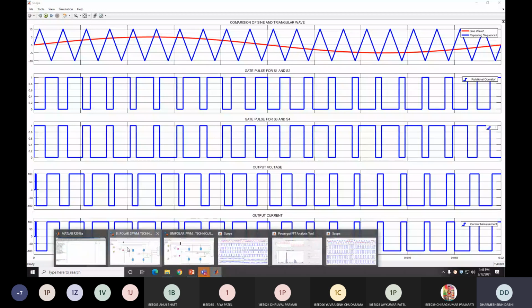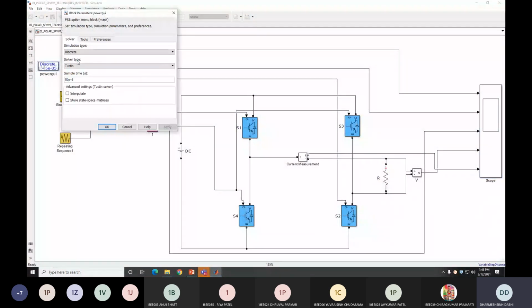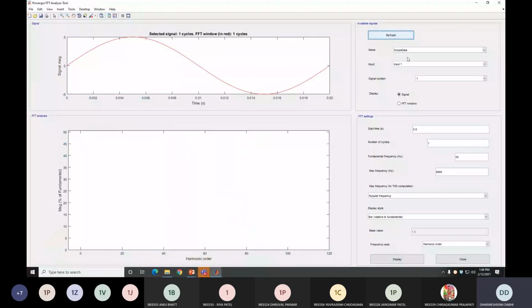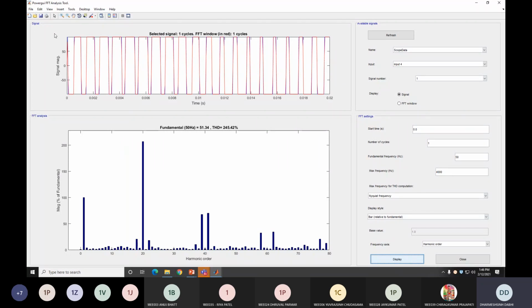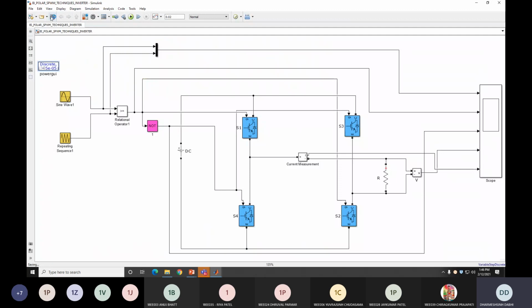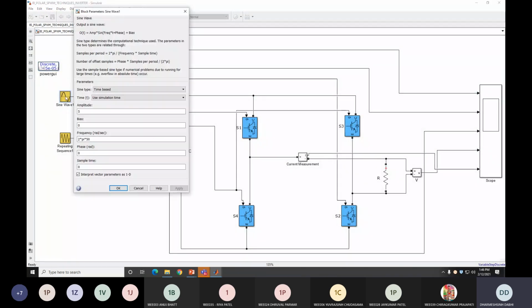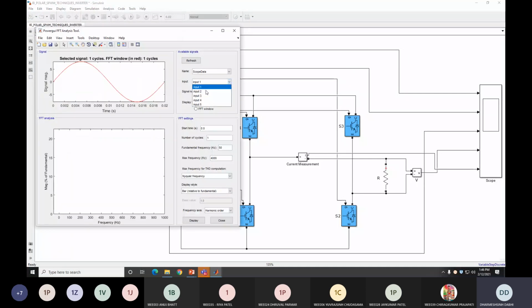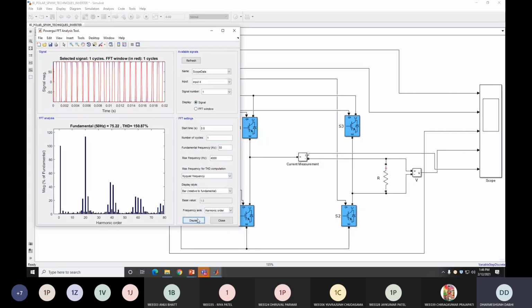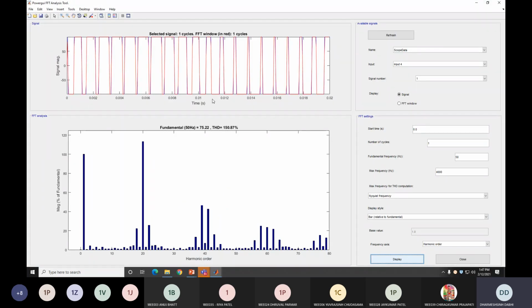Let's see this THD. See, THD is 150%. But what is the meaning of this 150%?